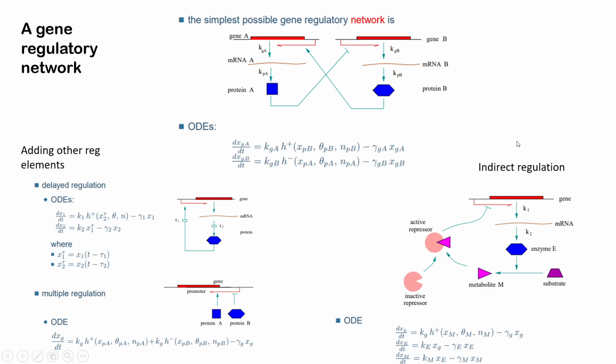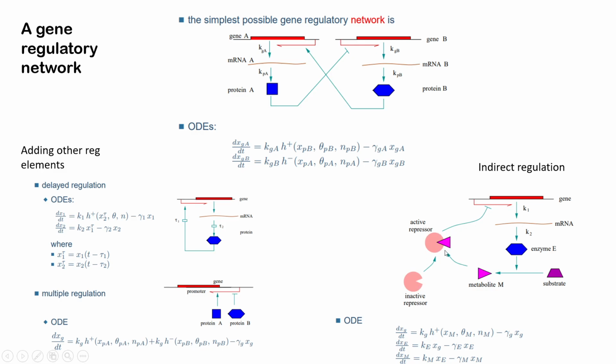You can add indirect regulations as well. So say for example, your gene is forming an mRNA, which is forming an enzyme, which is catalyzing this process of the substrate to metabolite conversion. And this metabolite, say for example, is getting integrated into a repressor, which was basically inactive earlier.